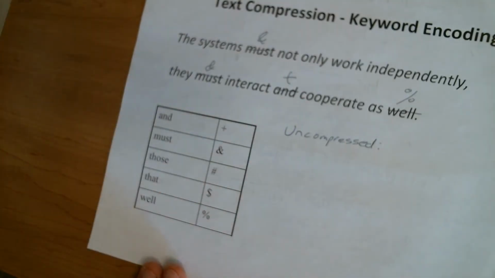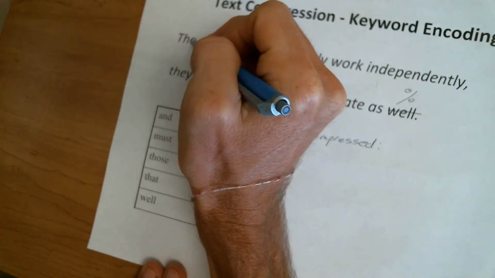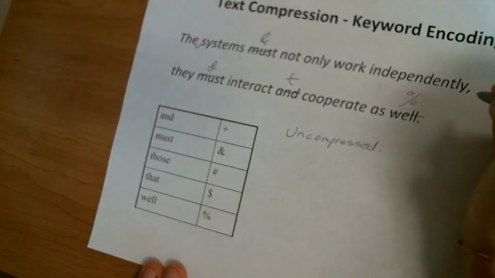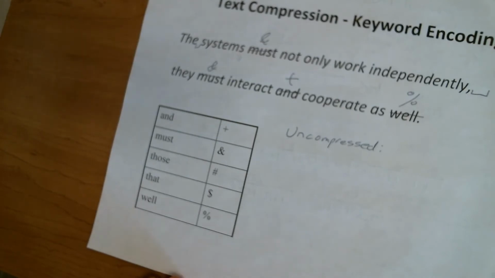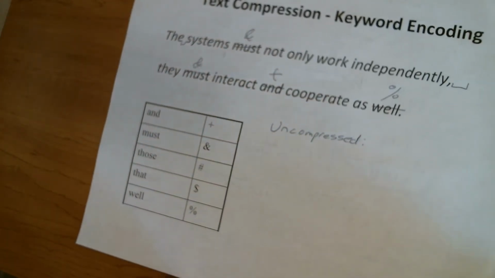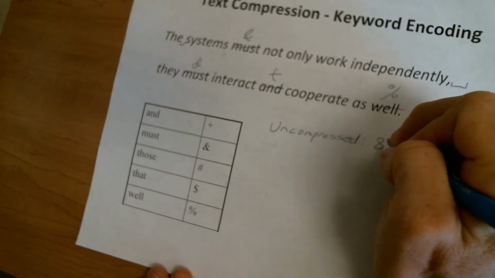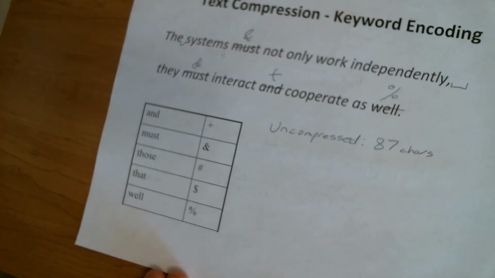All right. Now, when you count up the characters, you've got 1, 2, 3. Don't forget the spaces, 4, so on and so forth. Don't forget the space here. But assuming I didn't screw up, and I counted it a couple of times, so I'm hoping I didn't screw up, there are 87 characters in total in that sentence.